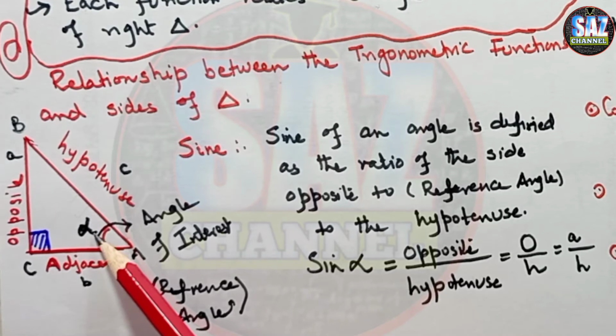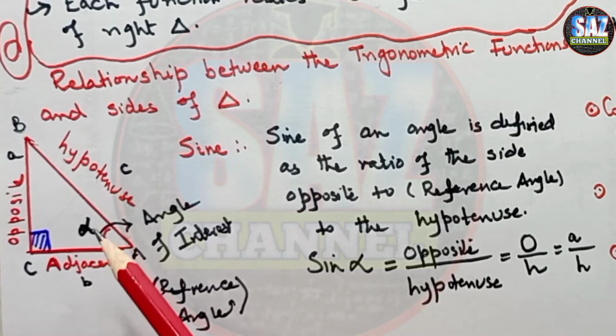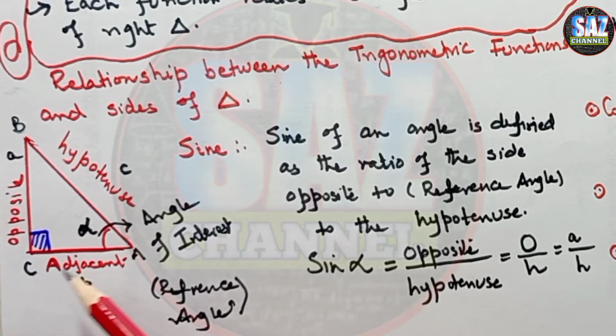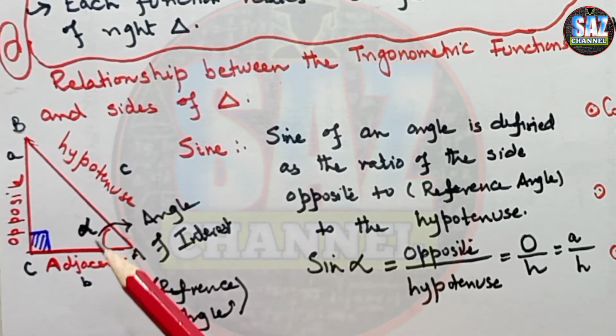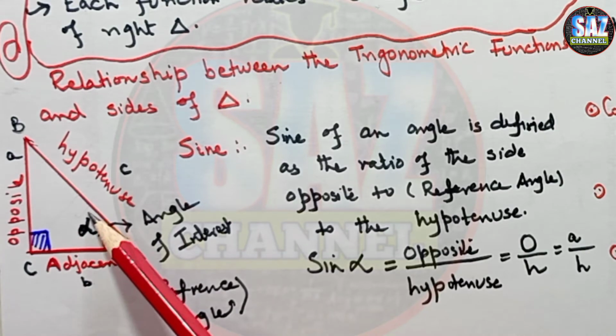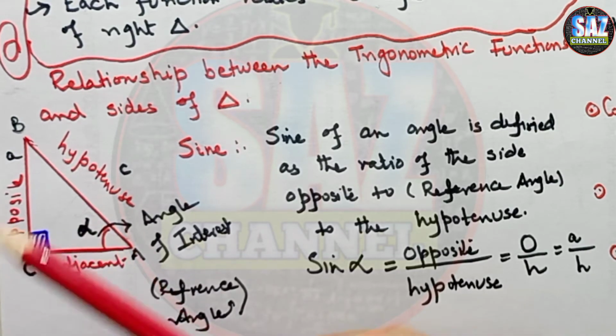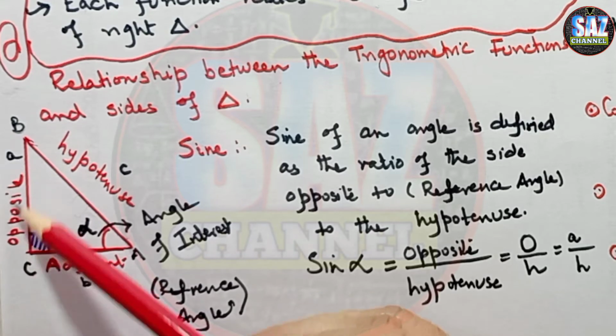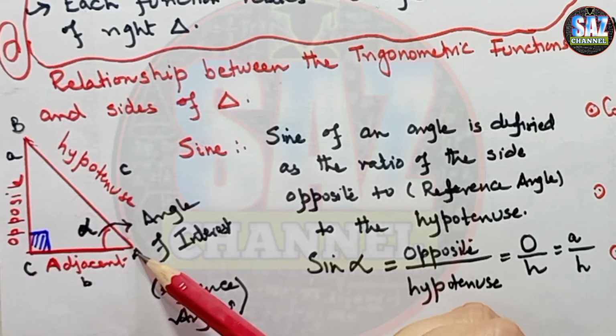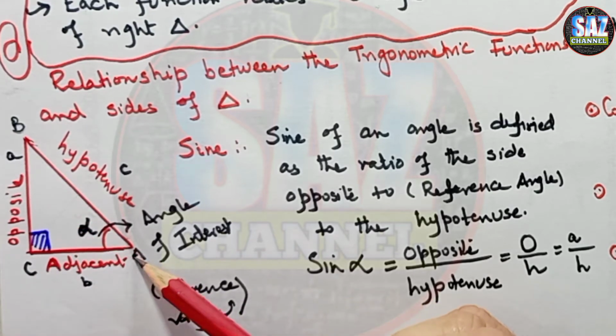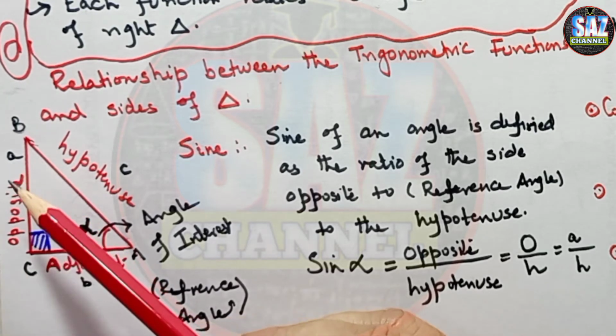Now, with reference to this acute angle, A to C is adjacent or base. With reference to this acute angle alpha, the side CB is opposite, and as it is in front of vertex A, we can mark it with small a.